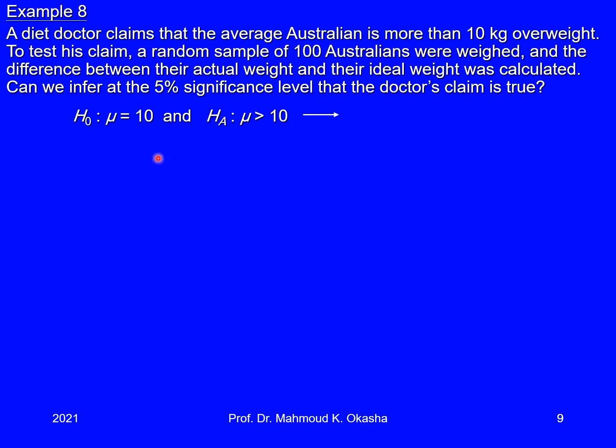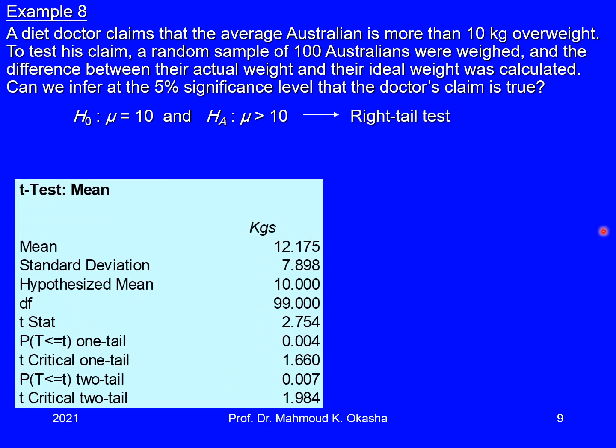The null is mu equals 10, and the alternative, as the doctor claims, is mu greater than 10. So it is a right tail test.